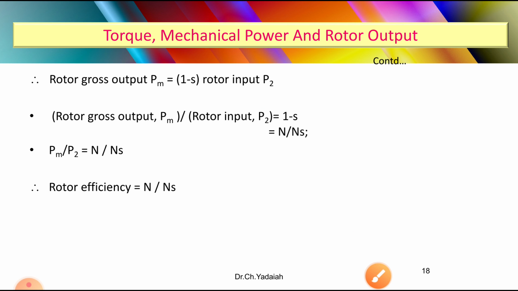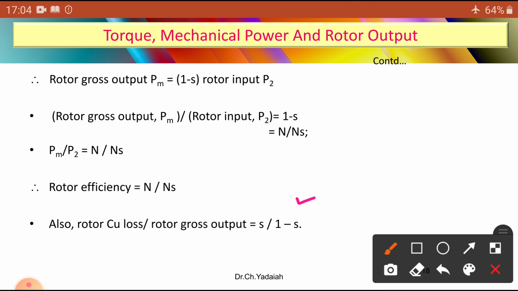Now, what is the rotor efficiency? Here, the rotor efficiency is input minus output, so we can write this value. Also rotor copper losses by rotor gross output, we can write with this equation.